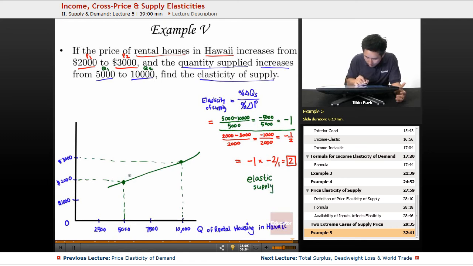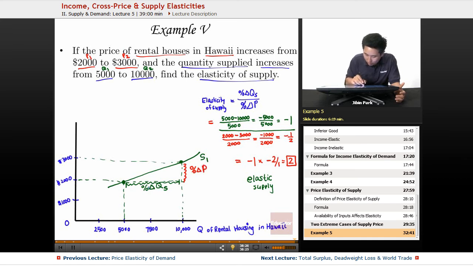So here's the change in quantity supplied. Again, this is the supply curve. So this distance here, the percent change right here, is going to be greater than the percent change here in price.